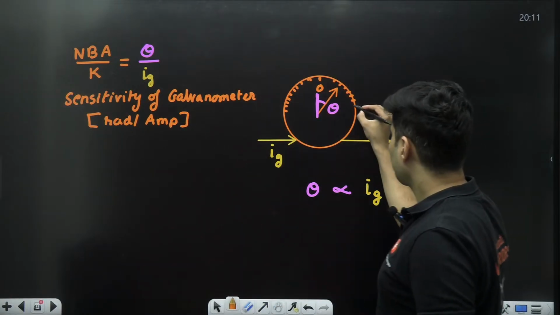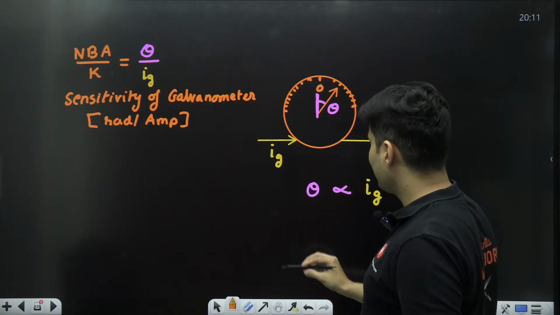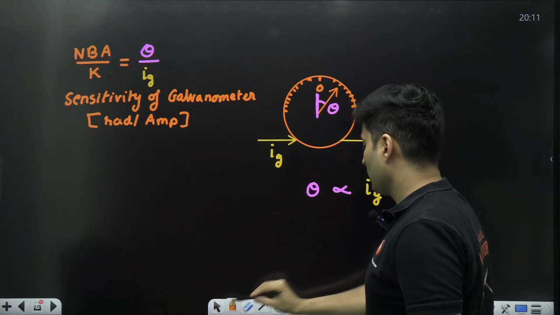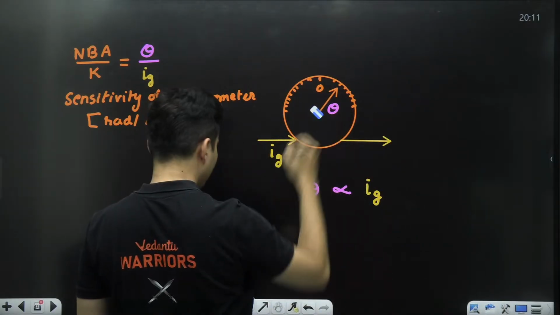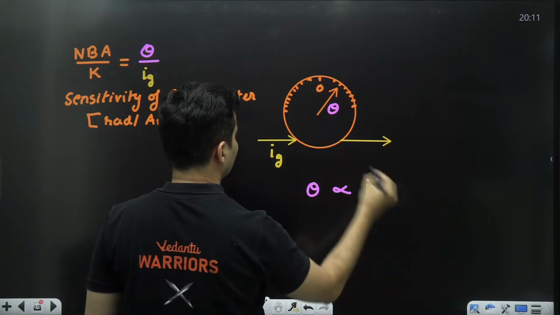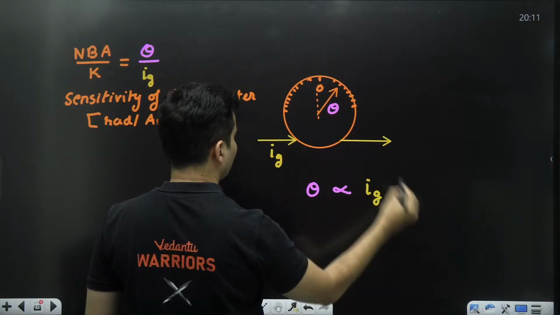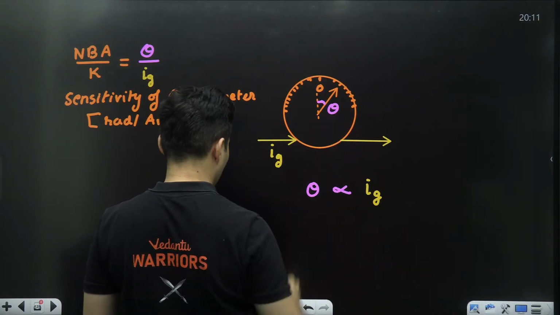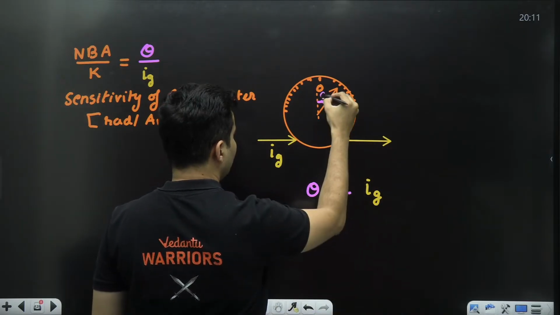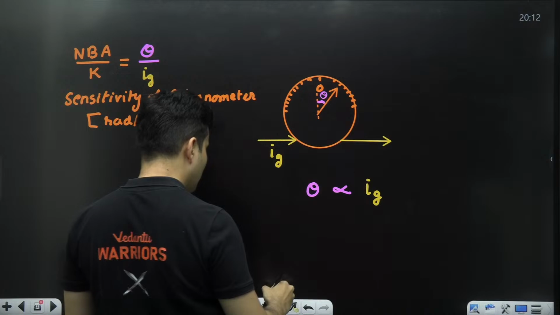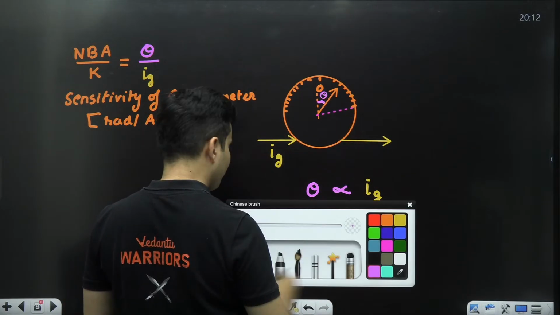Now remember, always any instrument can measure a maximum value. So there will be obviously a limit till which it can measure. So say for example over here, if this was obviously your theta, there is a maximum limit till which you can measure it, and that is only till here.